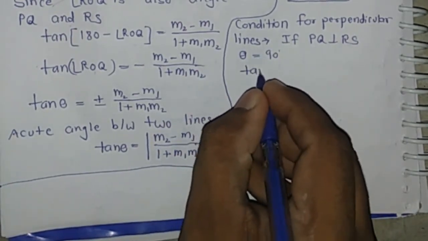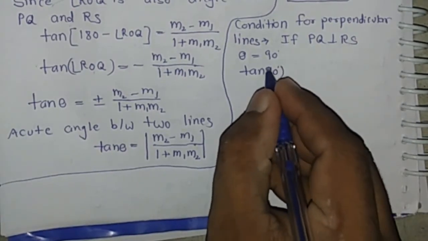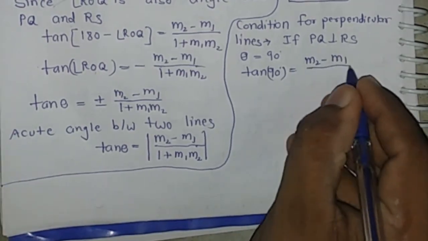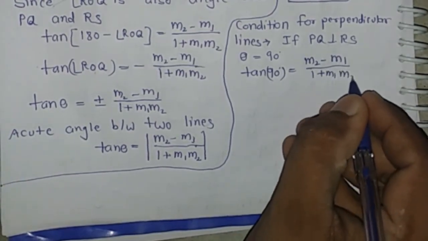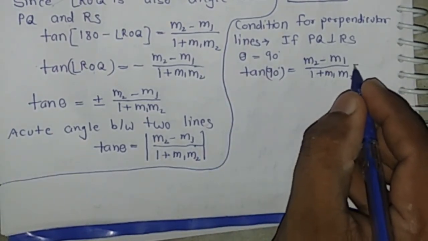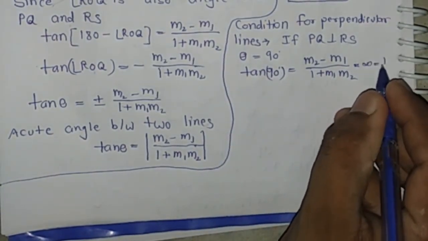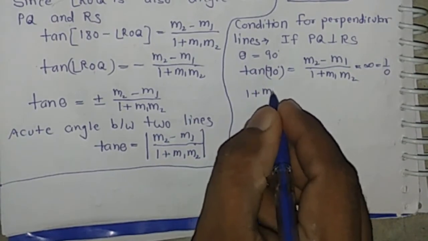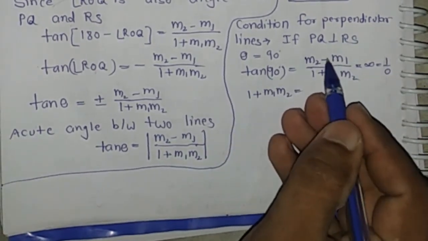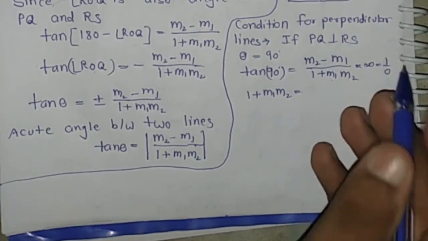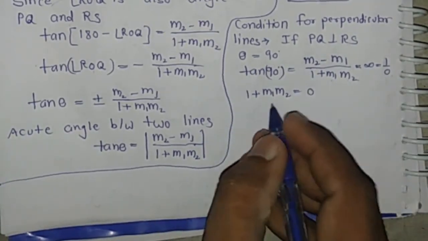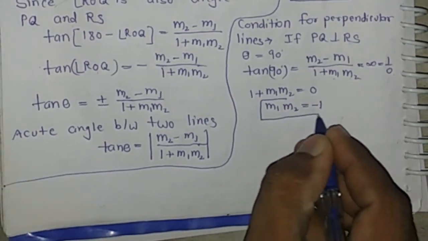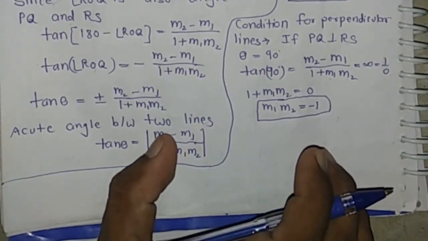We have tan 90 degree is equal M2 minus M1 by 1 plus M1 M2. Tan 90 degree is infinite, and infinite can be written as 1 by 0. Now on solving, we have 1 plus M1 M2. M2 minus M1 into 0 is 0. 1 plus M1 M2 into 1 is equal to 0. Then M1 M2 is equal minus 1, and it is the condition for two perpendicular lines.